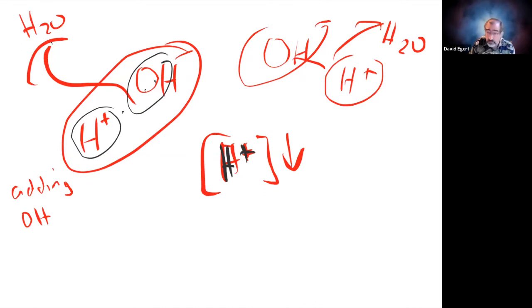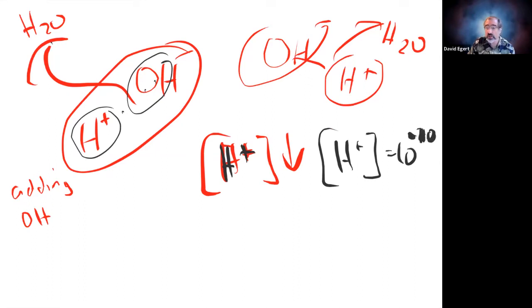So let's say H plus concentration, which again we said is normally 10 to the minus 7, went down by 1,000. So now it's 10 to the minus 10. 10 to the minus 10 is 1,000 times less than 10 to the minus 7.